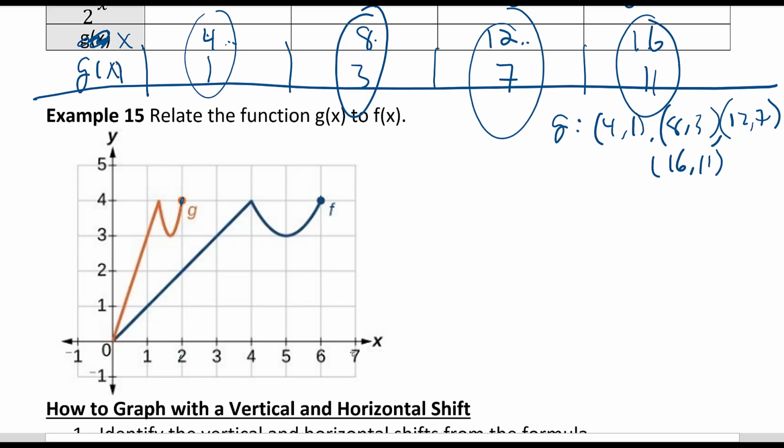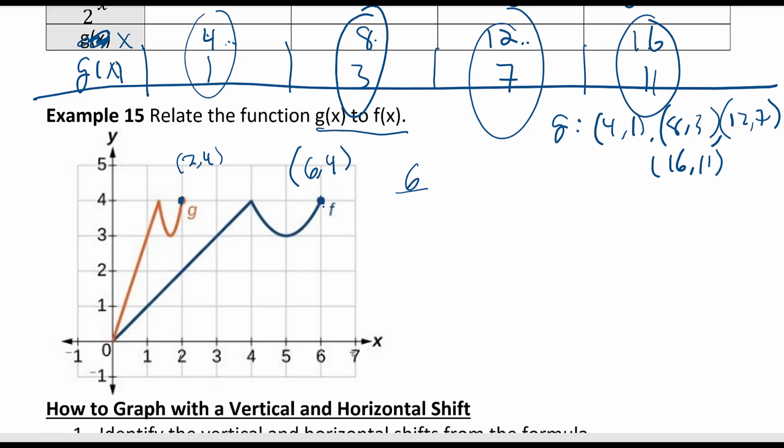Moving on to the last part of this, we want to relate g of x to f of x. So I look at this solid point. I use this because it's a pretty round point. It's 2, 4. It's nice whole numbers. I look at this other point that looks similar to it. That's at 6, 4. So I look how the x's have changed.